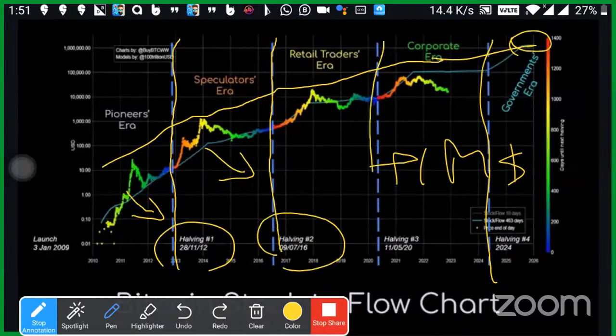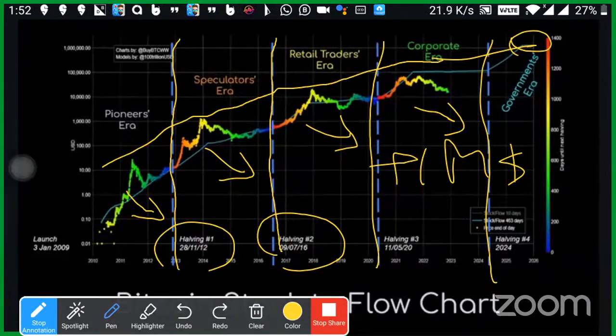Even it happened before this third halving. And now we are here. Do we see a bear market right now over the last 1 year? Yes, of course. We saw a bear market in 2022, and we are still in a bear market. Still it has not crossed the previous all-time high.